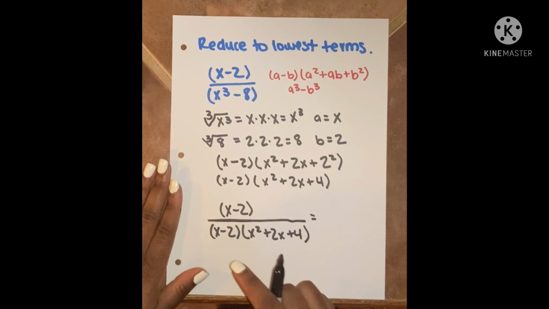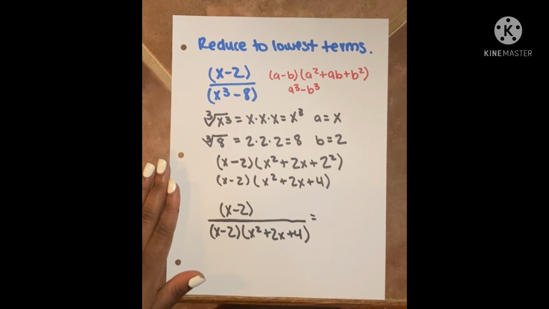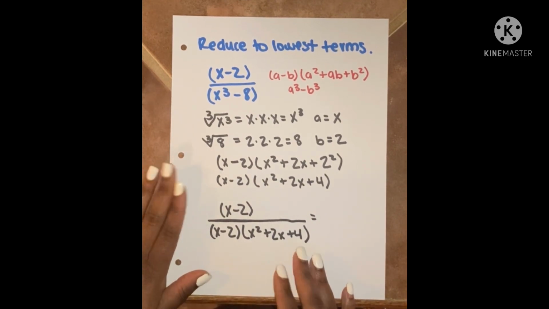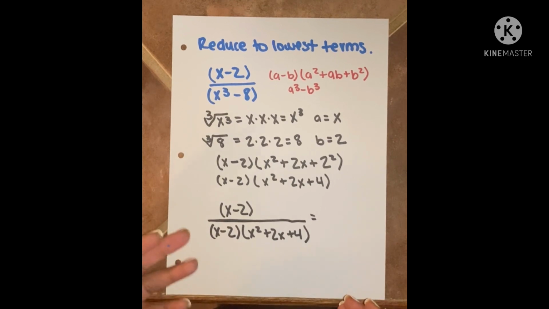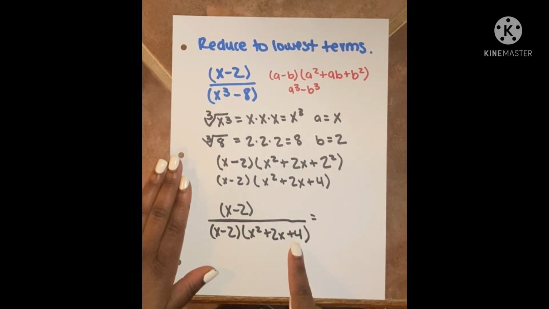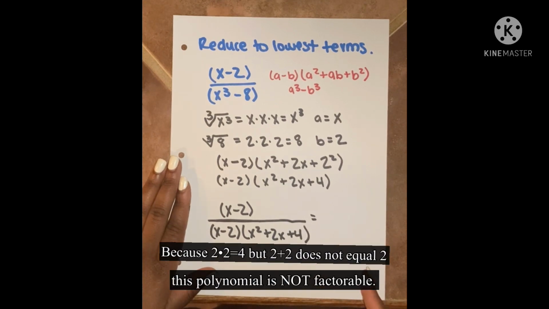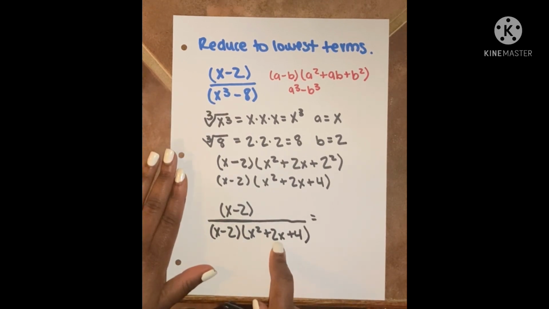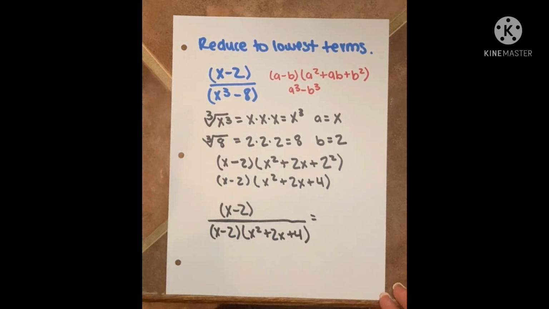Now when we see polynomials in this format, we think we need to find two numbers that multiply to give us 4 and add together to give us 2. Multiples of 4 would be 4 and 1, and 2 and 2. Well, we know that 2 times 2 gives us 4, but 2 plus 2 does not give us 2. It gives us 4. So we know that this polynomial is not factorable.